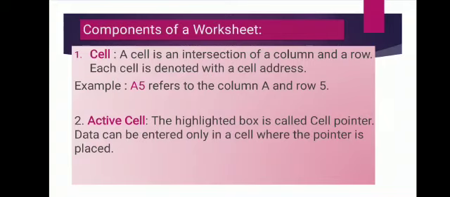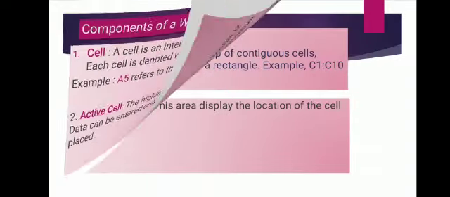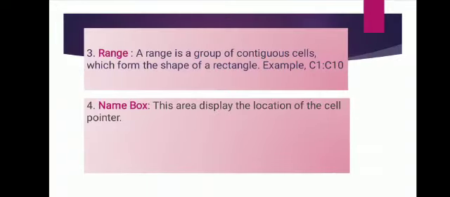Active cell: the highlighted box is the cell pointer, and data can be entered only in the cell where the pointer is placed. Next is range. A range is a group of contiguous cells which form the shape of a rectangle, and it can be as small as a single cell or as big as the entire worksheet.